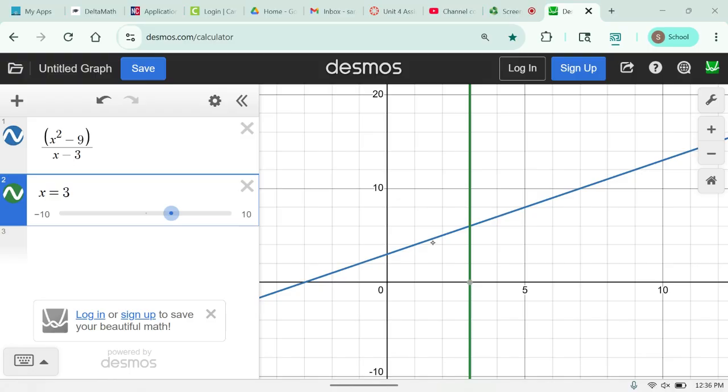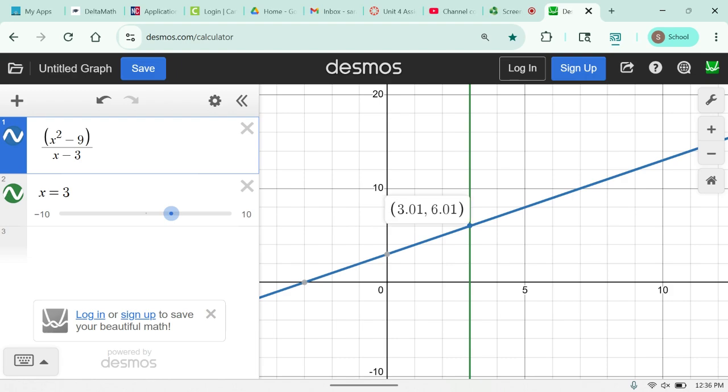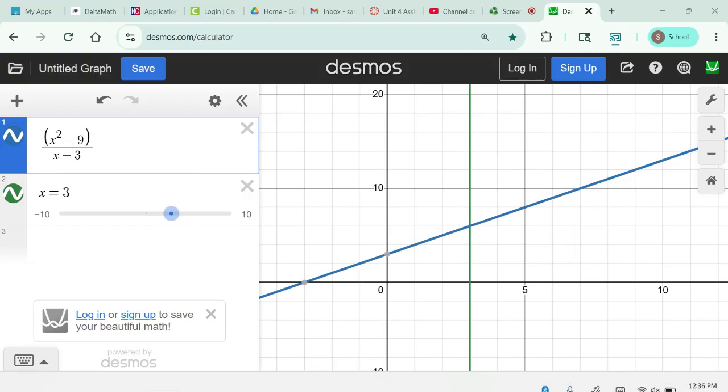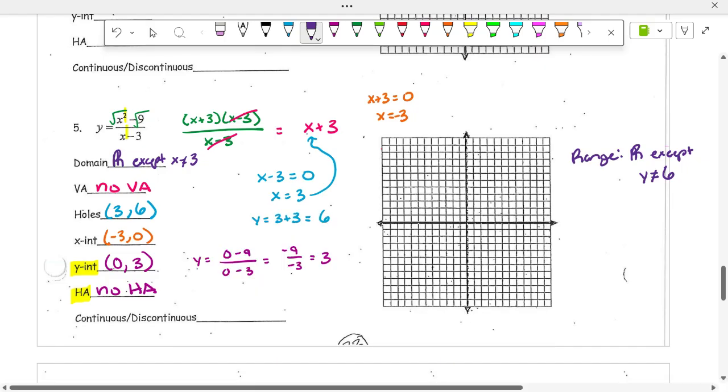Why do you think that is? Because look, it's undefined. It actually does have the hole. Even though it looks like it's there, because they don't graph the hole, it's actually not there.